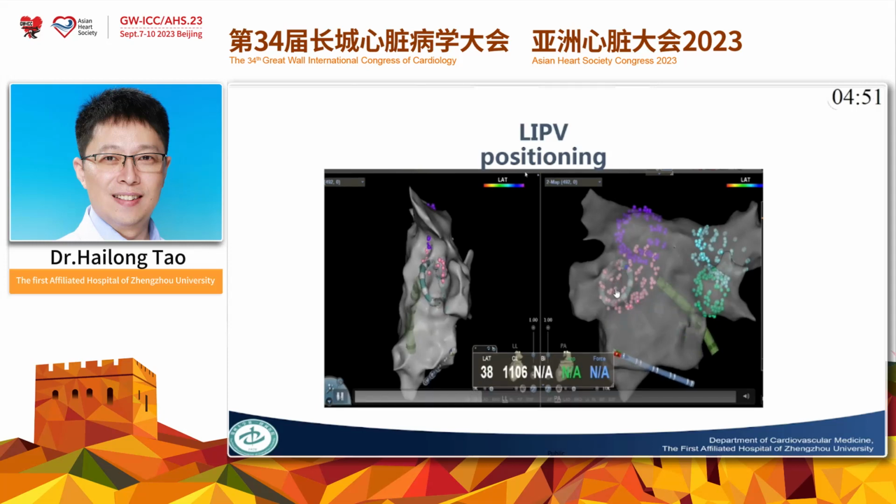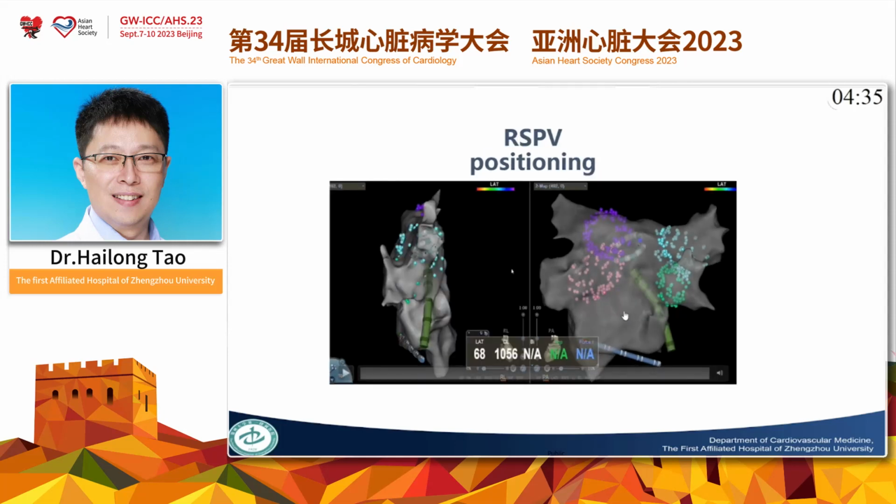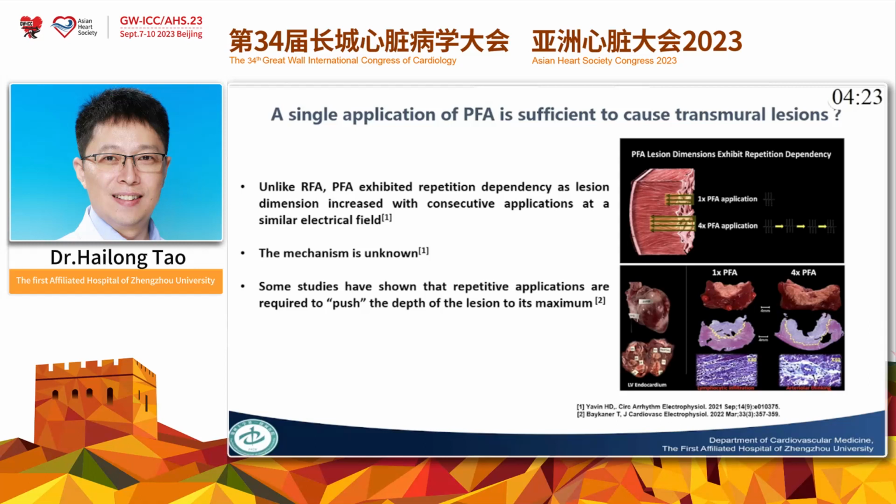So when we do this one, we should narrow this diameter, just like this, and by this support for the Vesical catheter. And this is the right pulmonary vein.